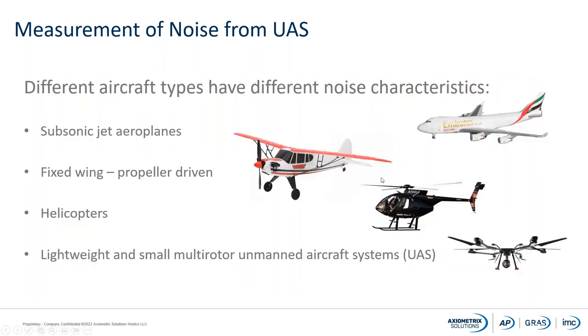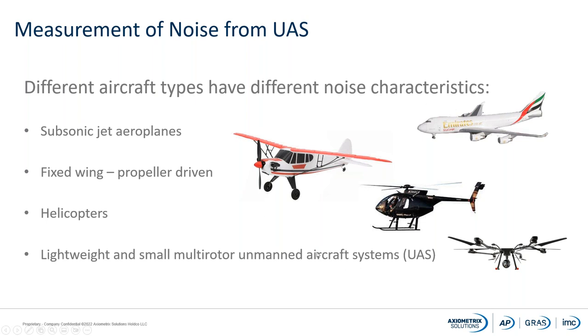So first of all, let's take a look at different categories of aircraft. Here we have what we call subsonic jet airplanes. That is the commercial jets that operate in most of the airports today. We also have fixed wing propeller driven, which is what you see here in the picture. We have helicopters, and we have lightweight and UAS, small multi-rotor unmanned aircraft systems.